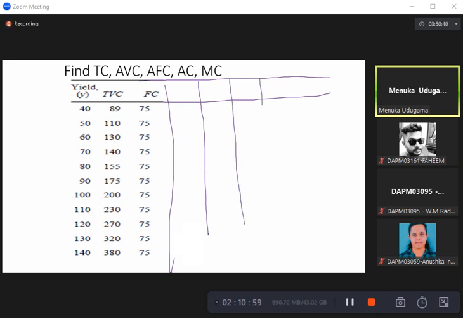Now the question has given us the yield, which is the output, and the total fixed cost and the total variable cost.